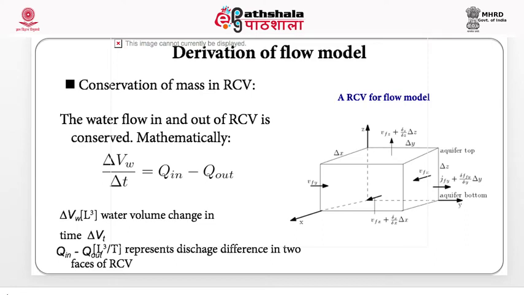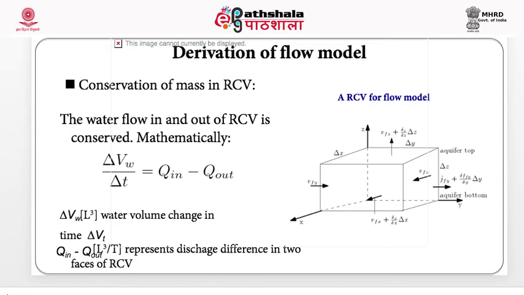Mathematically, the conservation principle says that the rate of change of water volume in the RCV over the time delta t equals the amount of water flowing in through a face in a particular direction, that is Q in, minus the amount of water flowing out from the opposite face. And we have to do this for all the faces of the three-dimensional aquifer model.